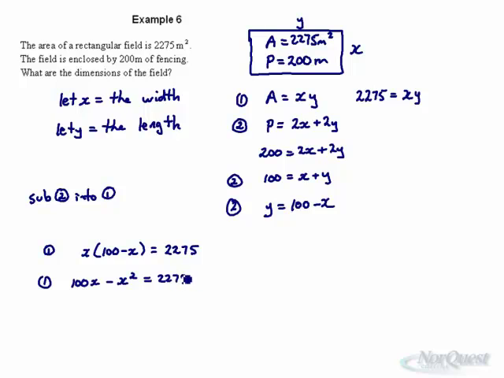And what we want to do is check this with our calculator instead of using our other methods. What we'll do is write this equal to 0. I'm going to move the x squared to the other side, so it becomes 0 equals x squared minus 100x plus 2,275. And that's what I'm going to graph on my calculator. I'll do that on the next slide shortly.